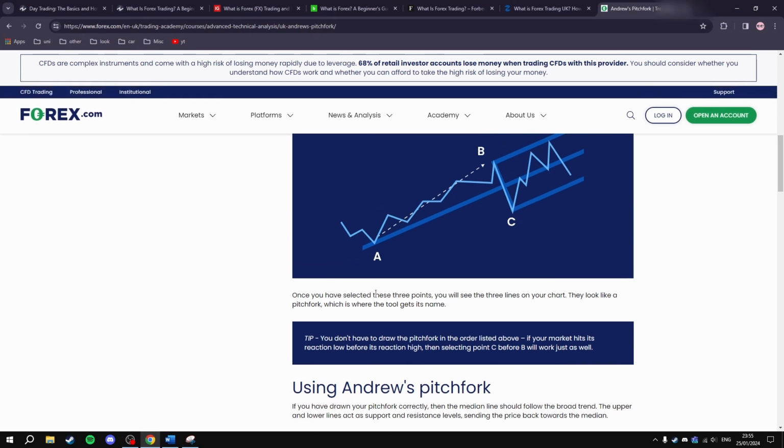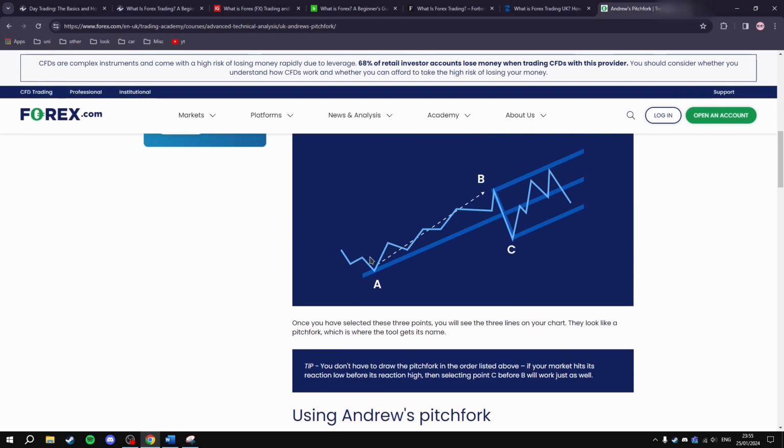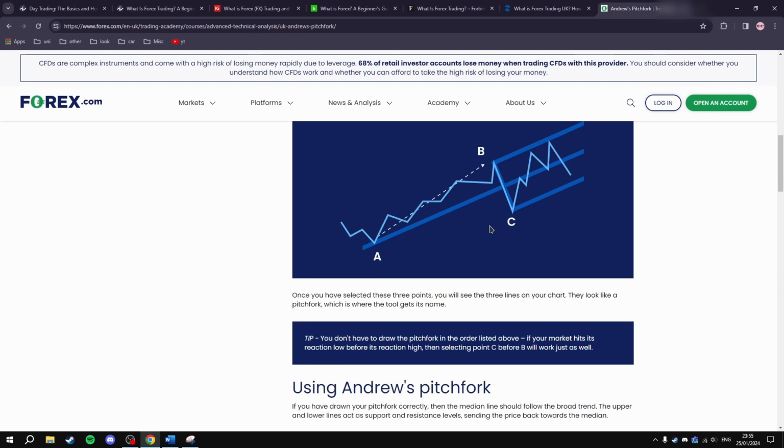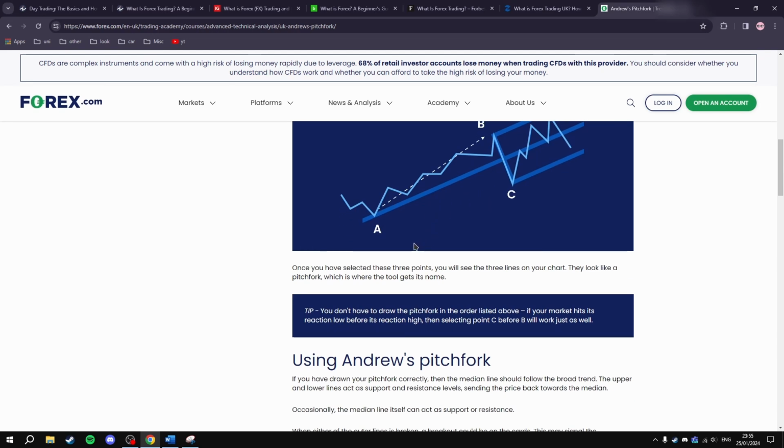Once you have selected these 3 points, you'll see the 3 lines on your chart. They look like a pitchfork, which is where the tool gets its name. Tip: you don't have to draw the pitchfork in the order listed above.